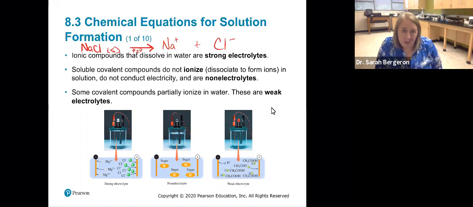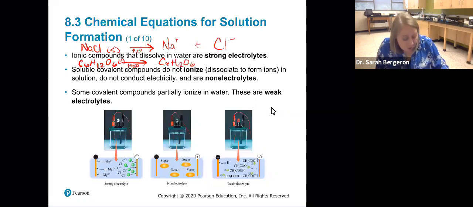So that's ionic compounds. Soluble covalent compounds do not ionize. If you have sugar, your sugar is C6H12O6. What happens when you put that into water? It's still C6H12O6.